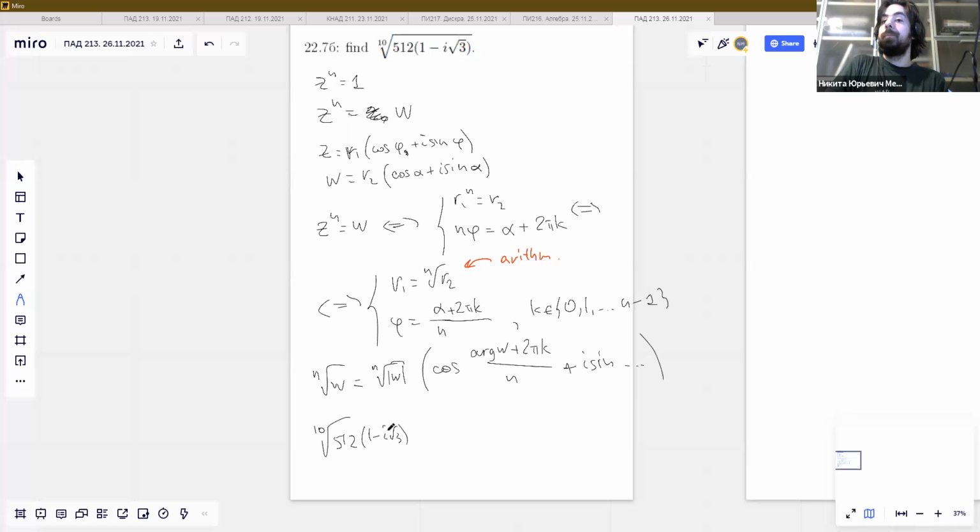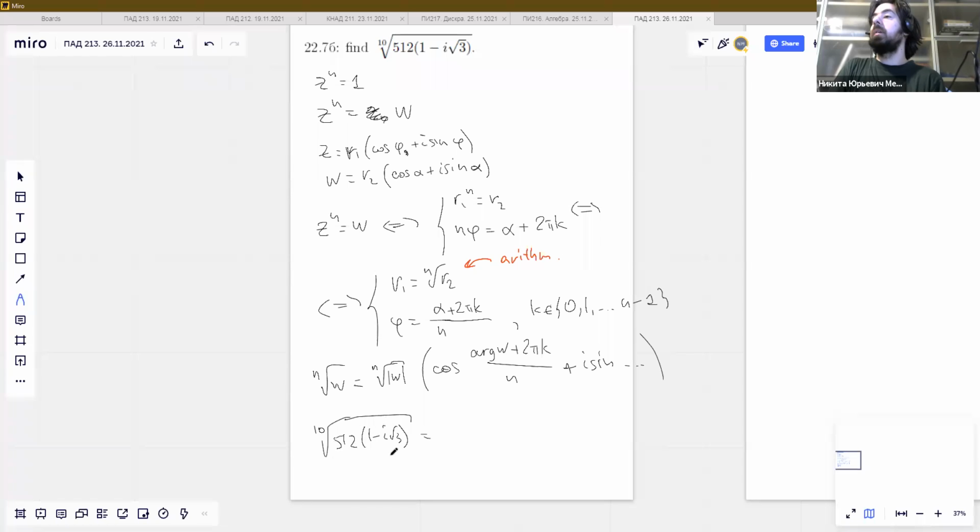So I need to find the absolute value. Well, the absolute value of the product is the product of absolute values. So we need to find the absolute value of this bracket, because for this number, it is simply this number itself.